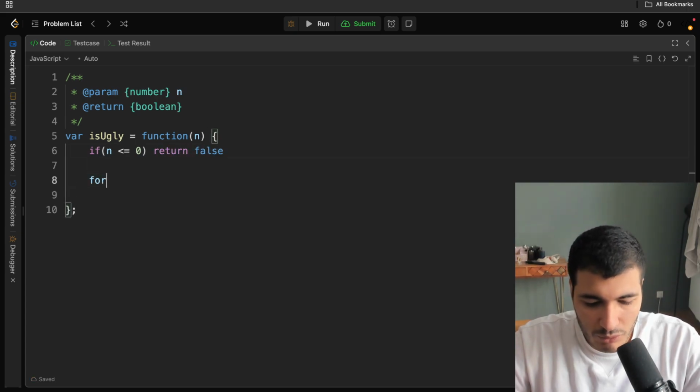And I'll create a for loop, for let factor of 2, 3, and 5.